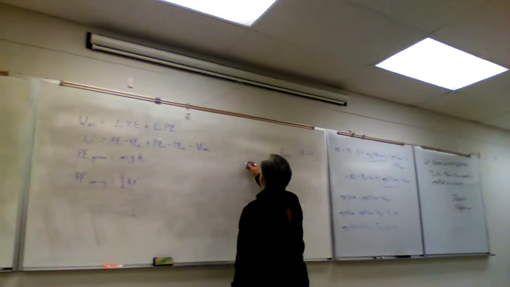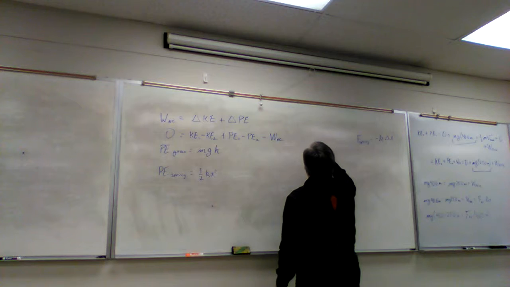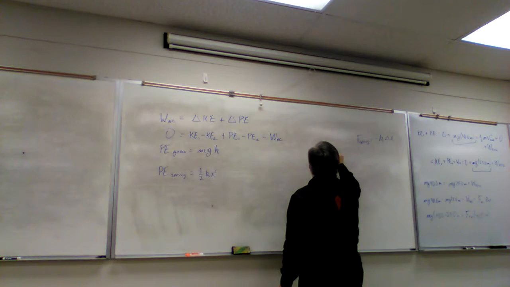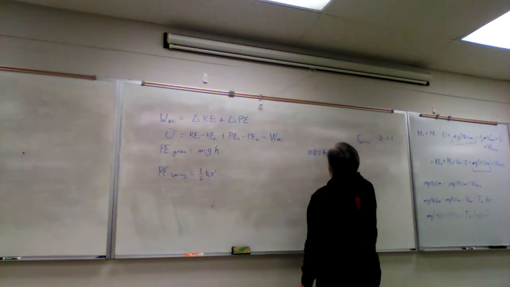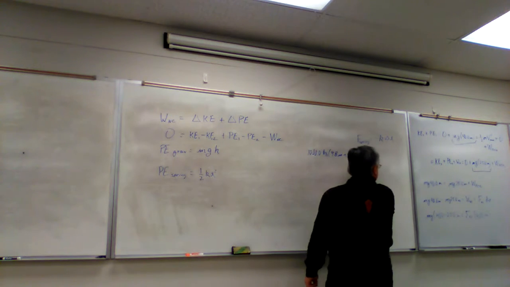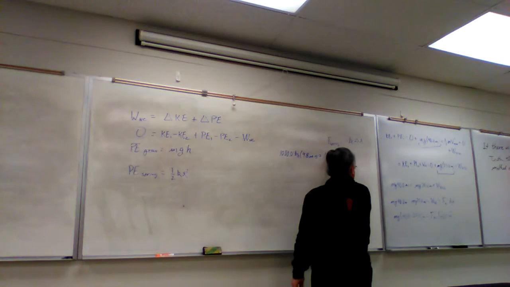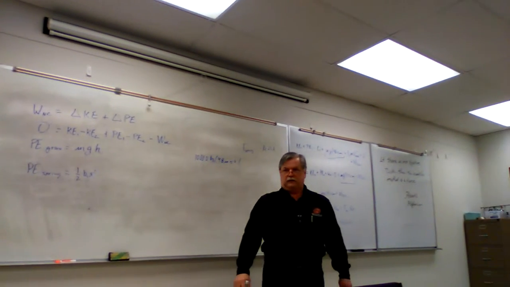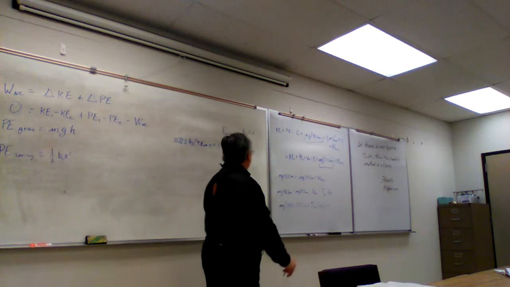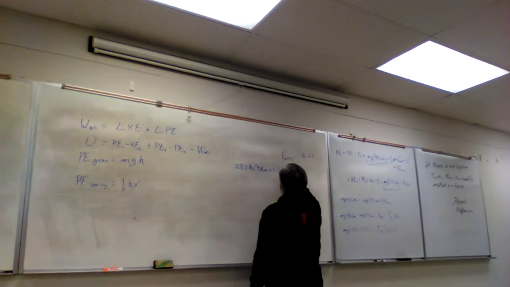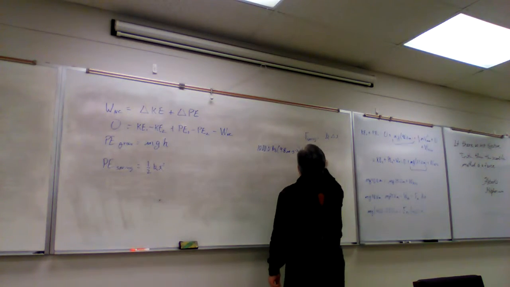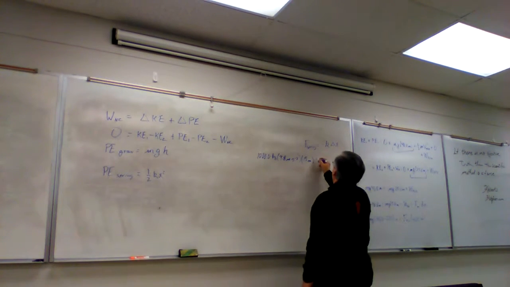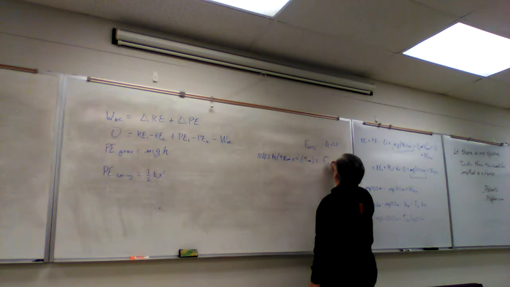All right. 1,000 kilograms times 9.8 meters per second squared times, what's 40 minus 25? 15, times 15 meters in height is equal to the force due to friction times 400 meters.